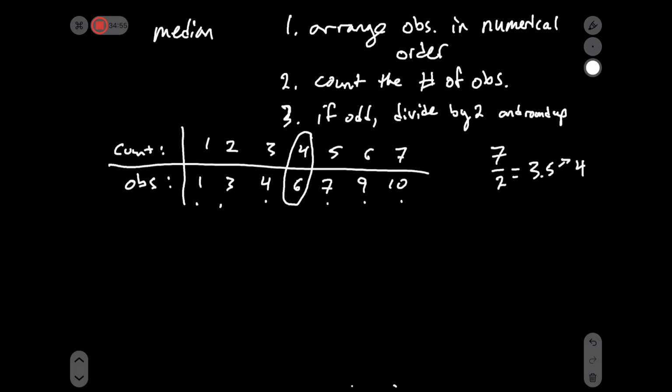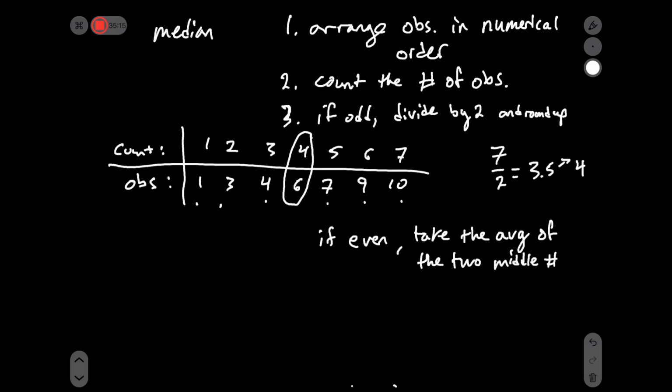Okay, now if you're dealing with an even number, then it's a little bit trickier. So you're going to take the average of the two middle numbers. So let's do another example.